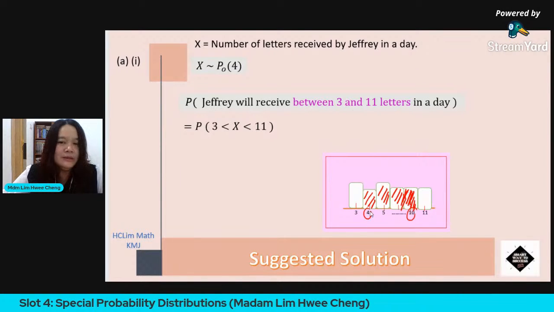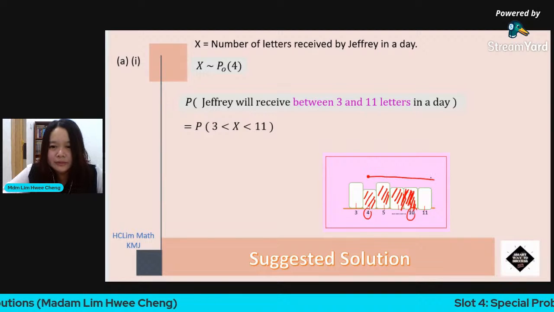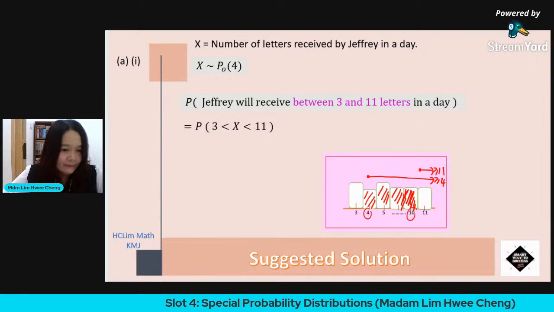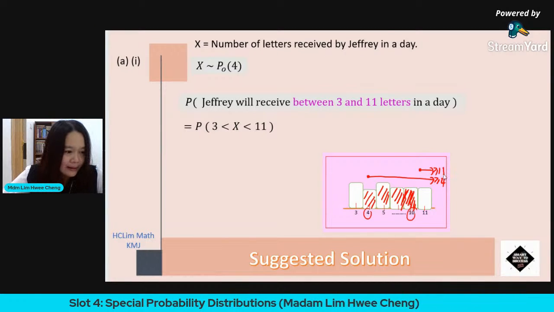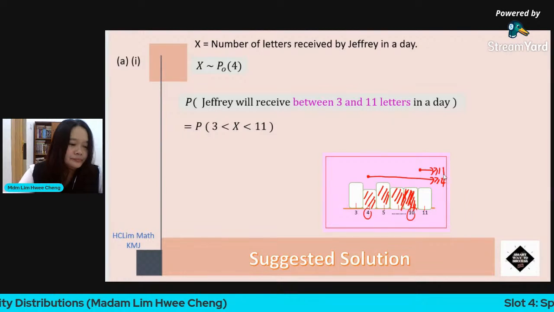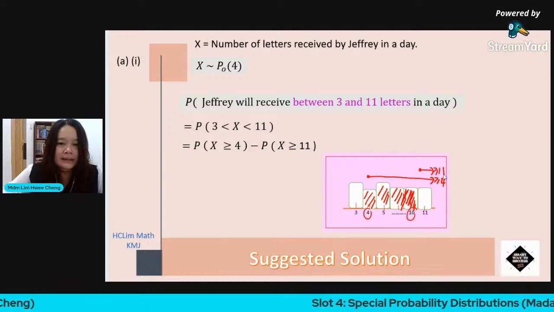Okay, so macam mana kita nak read? How to read? So I am to read greater or equal than 4, subtract with greater or equal than 11. So I will read from the table. Okay, ini mesti betul dulu.